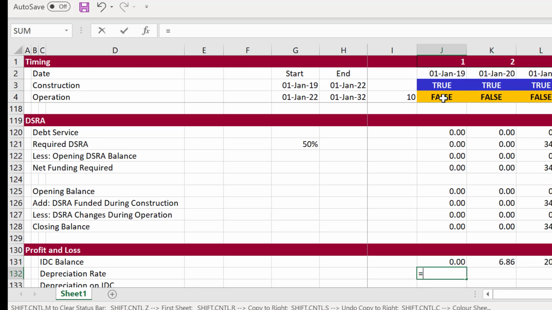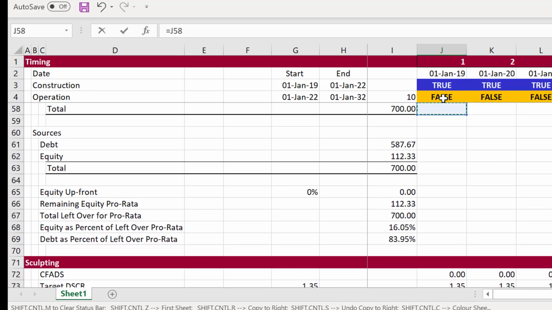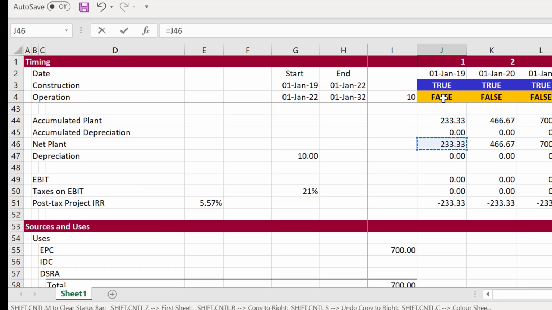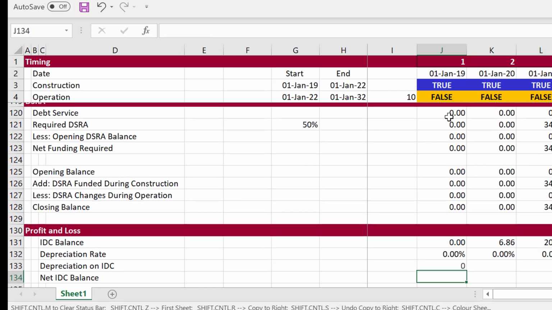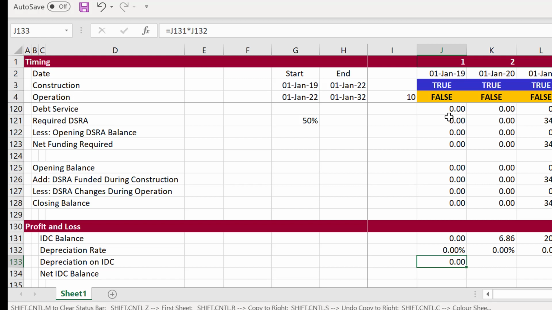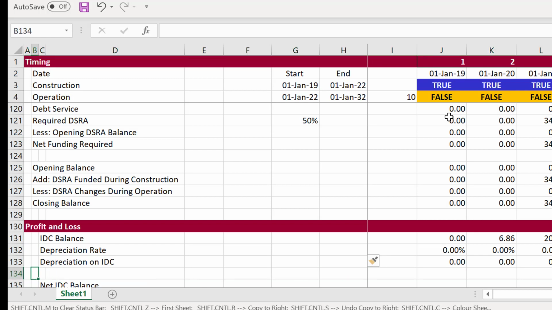For our depreciation rate, we can kind of cheat and just go upstairs where we computed it earlier, where we had our depreciation expense divided by our balance. I press Shift Control P, and then we can multiply these together, and we don't have to do any of the other stuff. And our net balance, and then I guess we have to accumulate this depreciation.